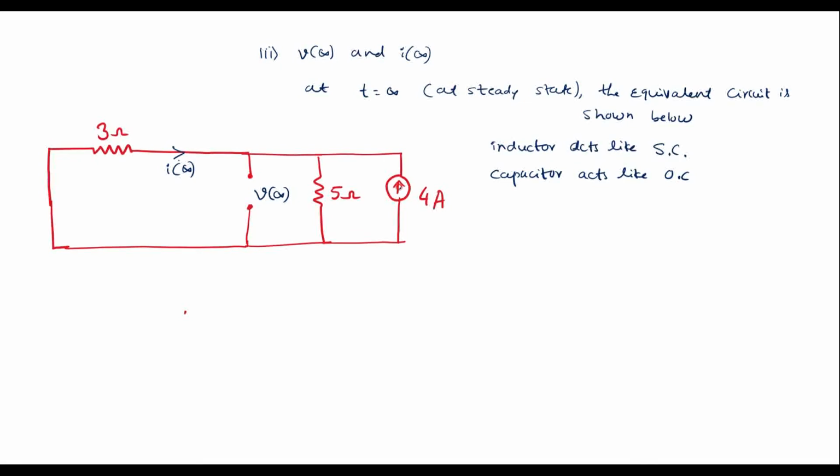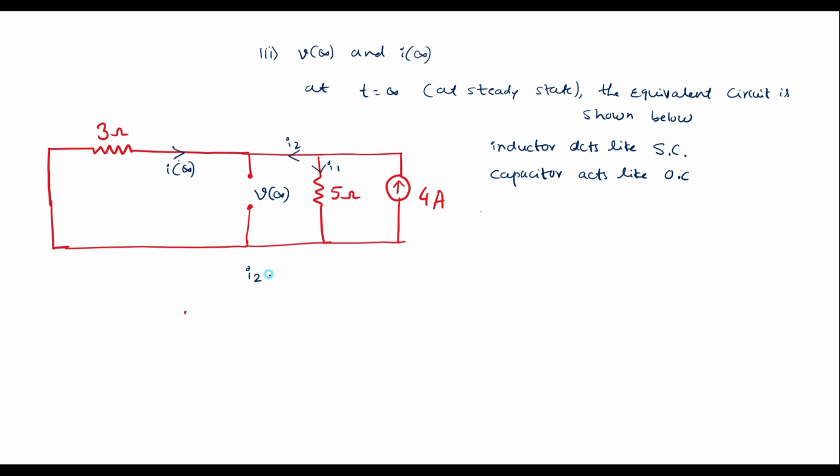The current source is drawing a current of 4 amp. Here the current will divide, part of the current will flow through this and part through this. We'll call them current I1 and I2. Here we know that I2 is equal to minus of I infinity. So we'll try to find I2 first.